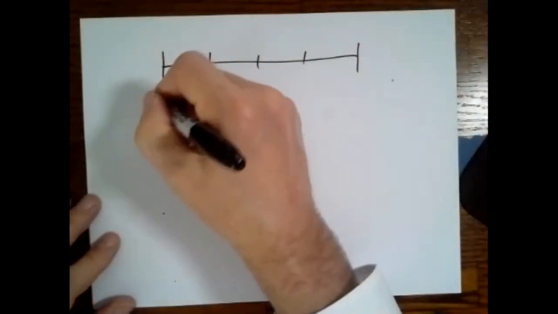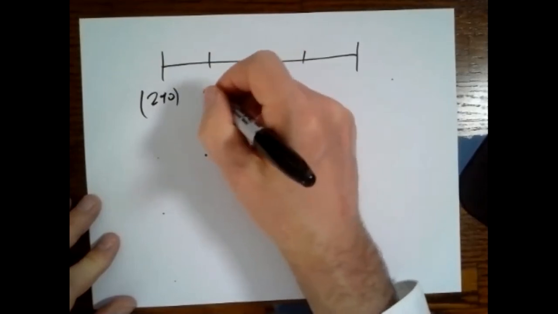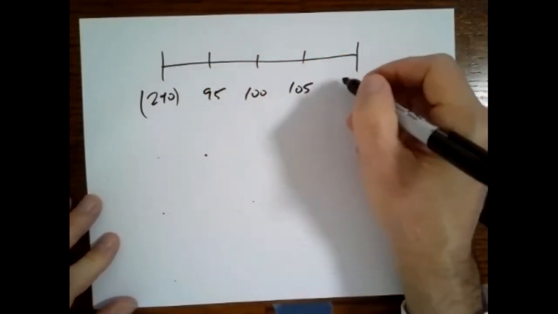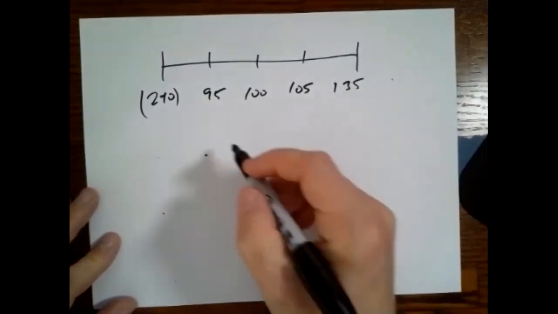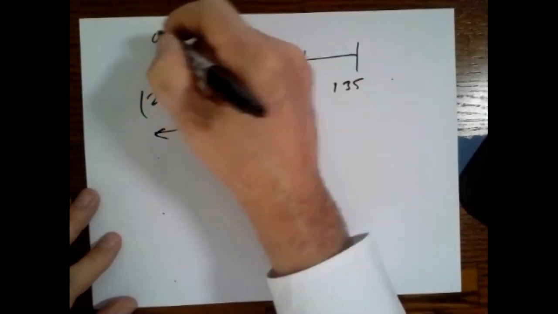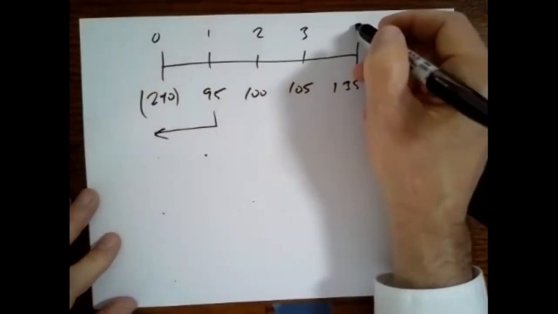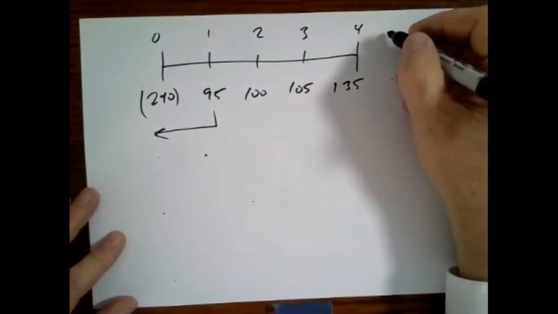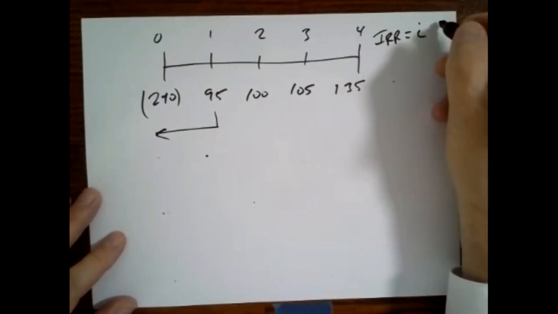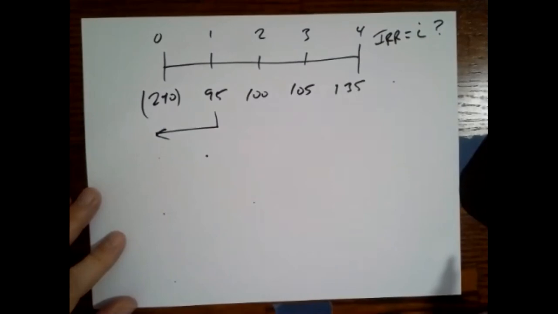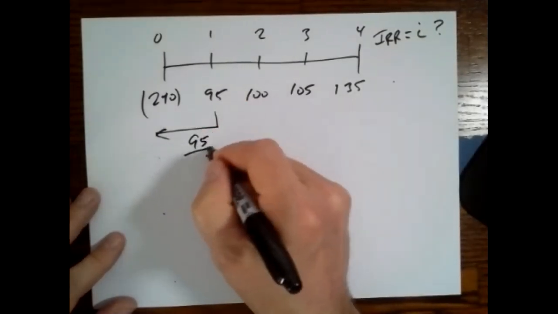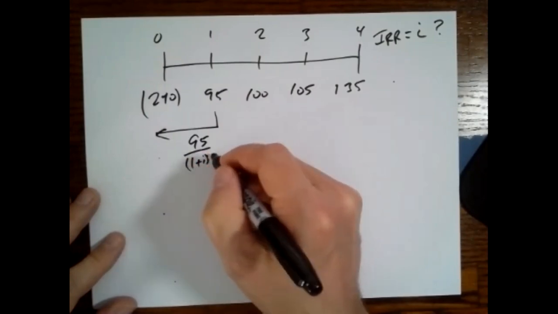If we do the same thing with IRR, now we're saying, okay, I'm going to bring this back, 0, 1, 2, 3, 4. And I'm going to say my IRR is equal to some unknown I. I don't know what that is. So I'm going to bring 95 back, and I'll say, okay, it's 95 divided by 1 plus I to the 1.